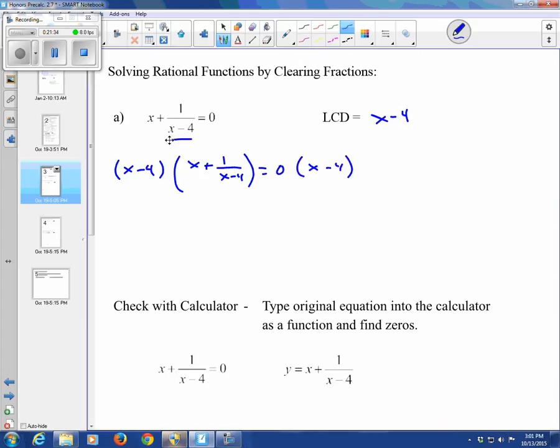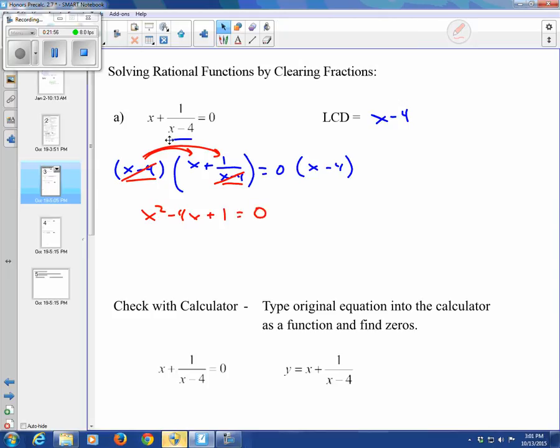So multiplying on the left side, we distribute x through x minus 4, and that gives us x squared minus 4x, and then we distribute to our second term. The x minus 4 that we're multiplying is going to cancel out with that x minus 4 that we're dividing 1 by. And we would just get plus 1, and then this is going to equal 0. So pretty quick work here. On the other side, anything we multiply by 0, we get 0 for, so that's going to give us 0 there.